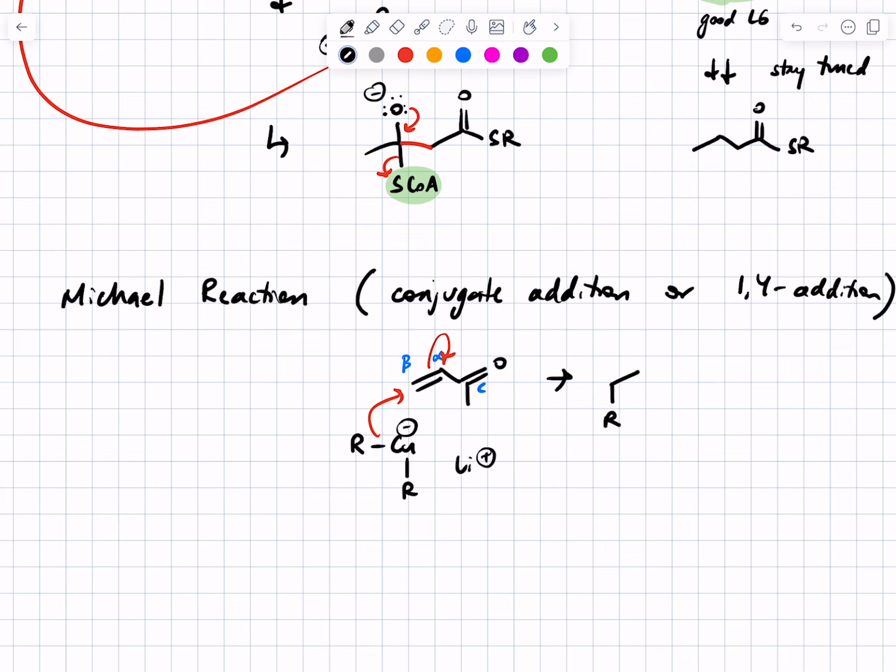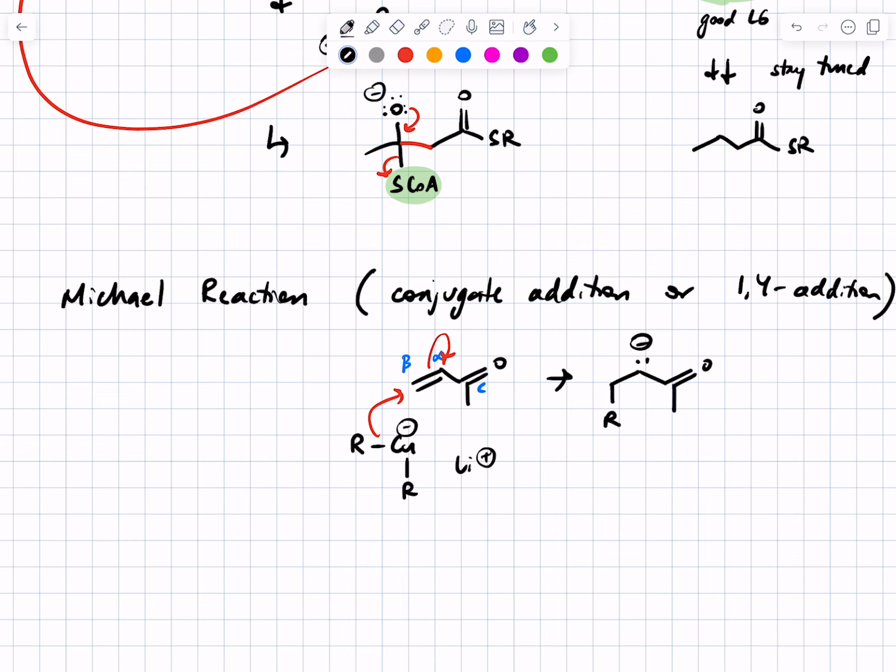And we won't belabor the point too much. That enolate can be protonated either on that alpha carbon or on the carbonyl oxygen. If it gets protonated on the carbonyl oxygen, that's fine. It rapidly tautomerizes to the ketone product.